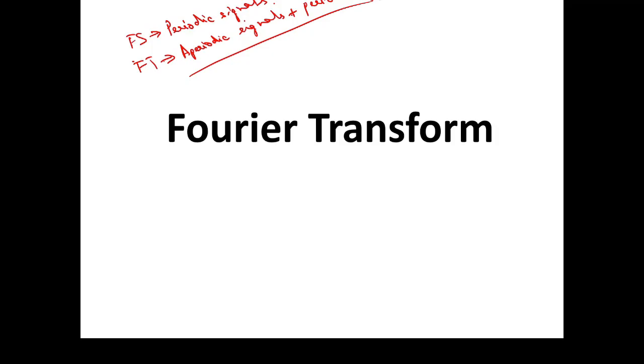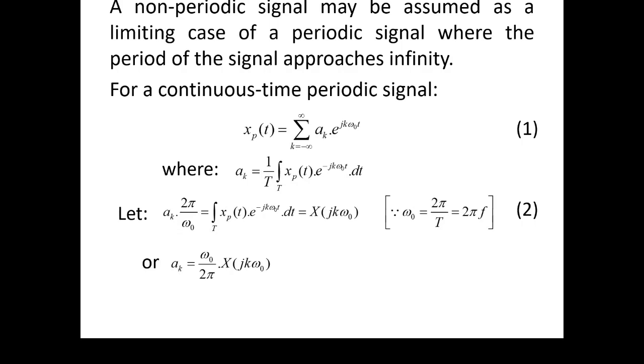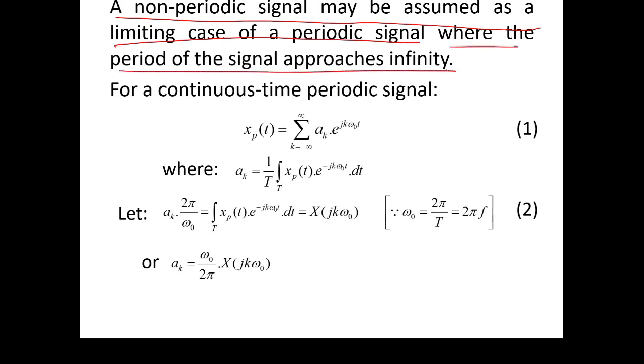Why periodic and aperiodic? If we consider the Fourier transform, the first assumption is that a non-periodic signal may be assumed as a limiting case of a periodic signal where the period of the signal approaches infinity. What is the period?